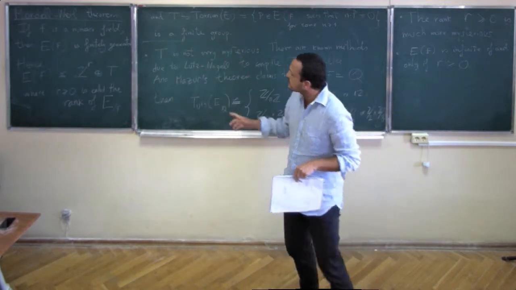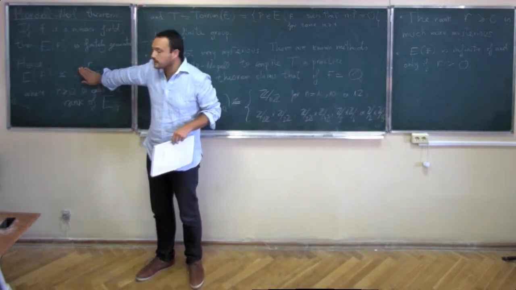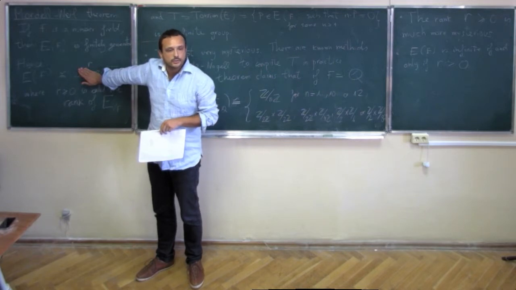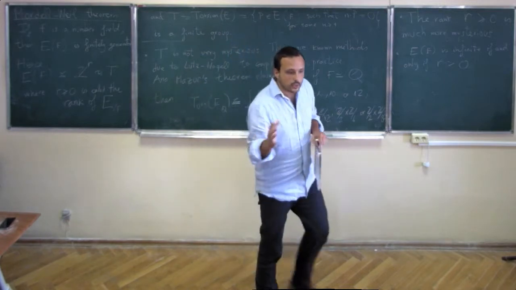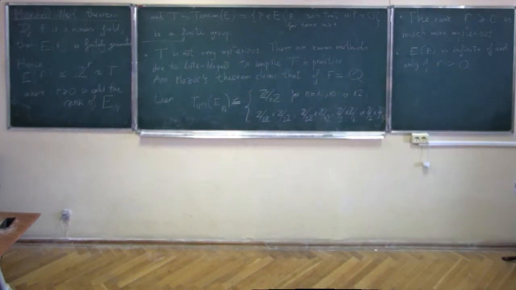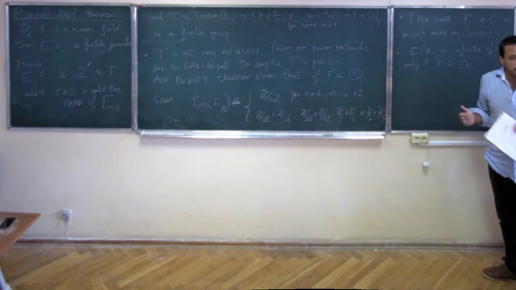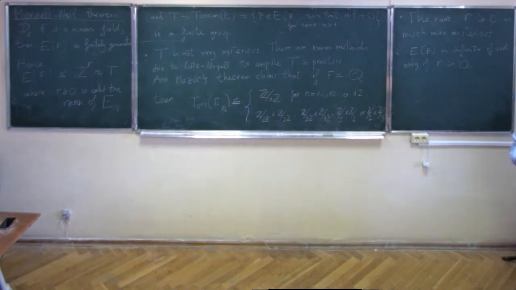If the rank is 0, the only rational points over this number field are the torsion ones, which I said is a finite group. So for elliptic curves over a number field, you have this dichotomy. You can find elliptic curves with finitely many rational points, and you can find elliptic curves with infinitely many rational points.